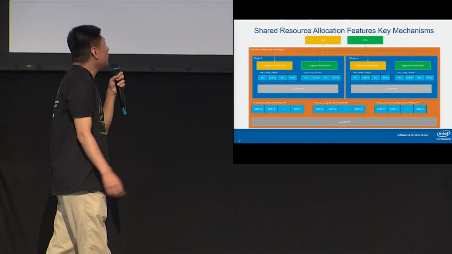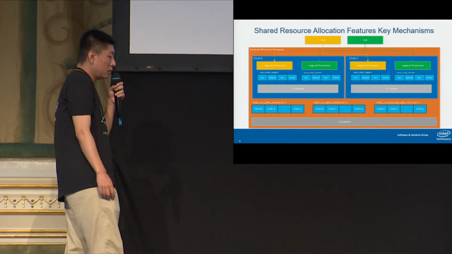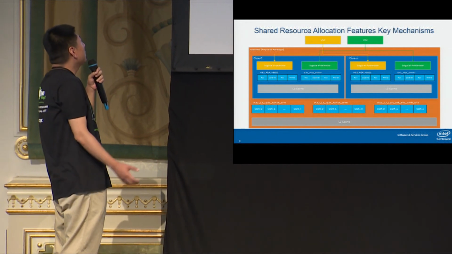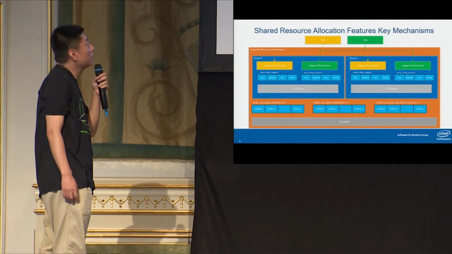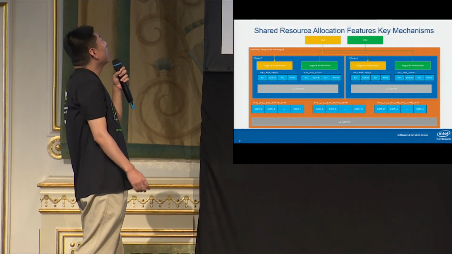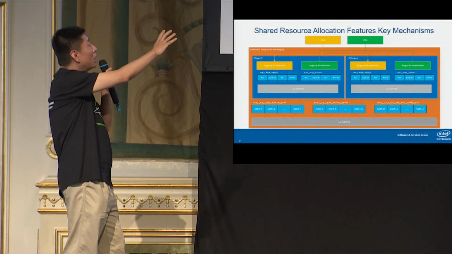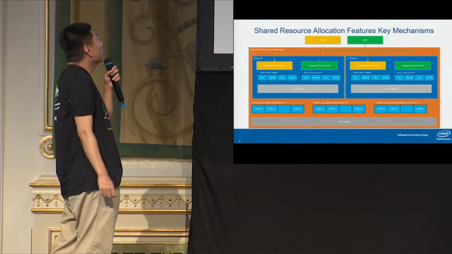Each time an application or a VM is scheduled in, it will be assigned a class ID by the hypervisor or by the operating system, and the PQR association MSR will be updated with the corresponding class ID.